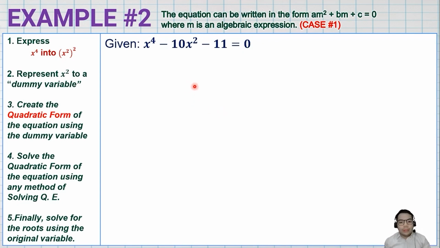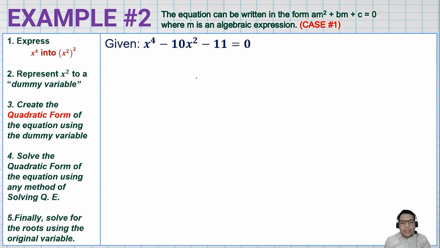We consider the same type of equation, x raised to 4 minus 10x squared minus 11 is equal to 0. So, parehas lang sila ng itsura ng equation natin kanina. And then, we'll still follow these 5 steps. Pag ganito yung itsura ng equation nyo, we can transform this into quadratic form using the following steps, and we can also solve this equation using these 5 steps as well.